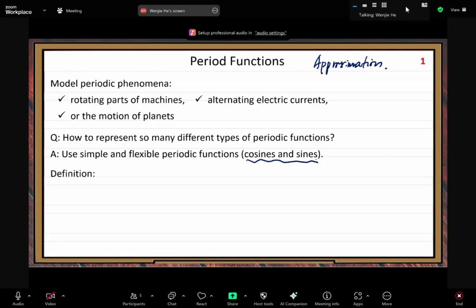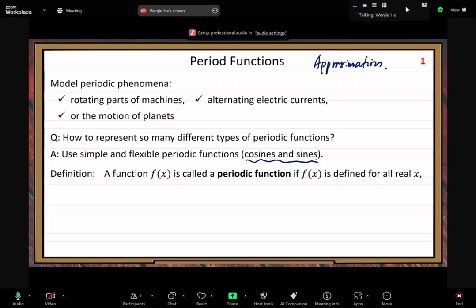Now, the definition. Although we are familiar with periodic functions, we want to define it first. A very simple definition: a function f of x is called a periodic function if f of x is defined for all real x.